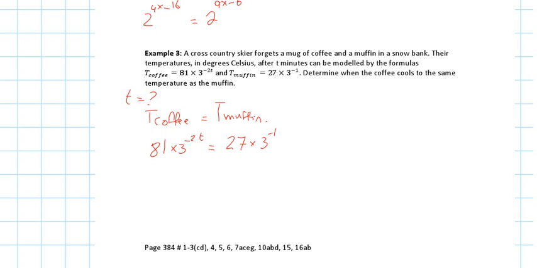Good. So 81 to the base of 3 is 3 to the power of 4. So I'm changing 81 to 3 to the power of 4, and then times 3 to the power of negative 2t. Yes? Okay, and then change the 27 to 3 to the power of 3 times 3 to the power of negative 1. Now what do you want to do?